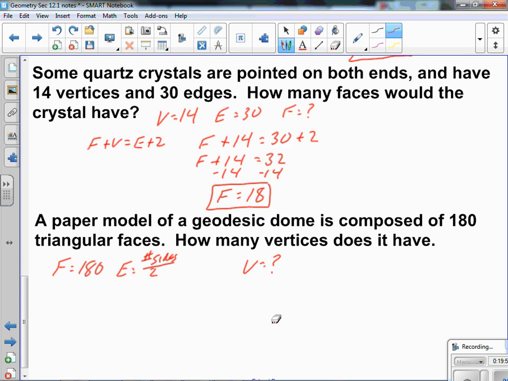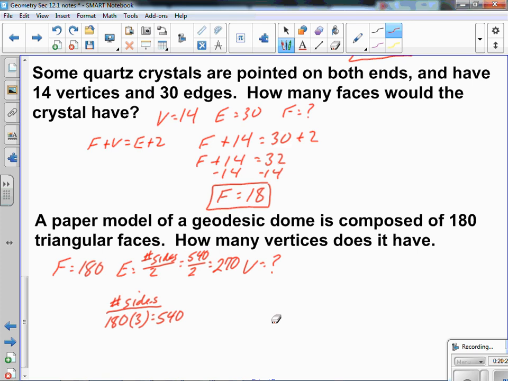So the number of sides, we're going to get that by taking 180 times 3 for triangle, which is 540. So 540 divided by 2 will give us 270 edges.